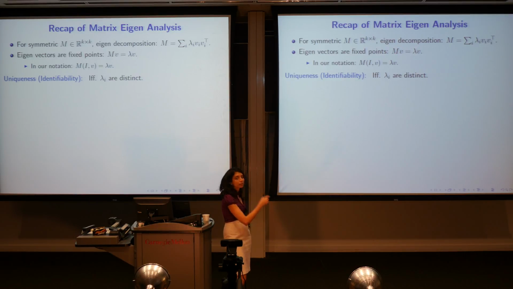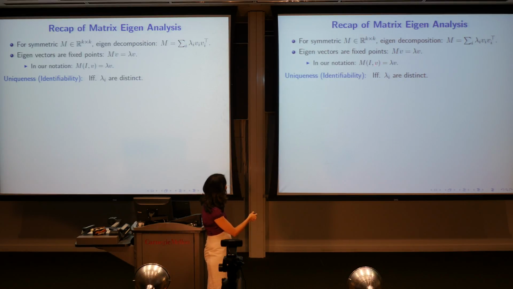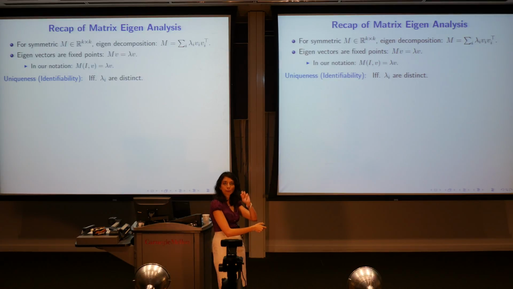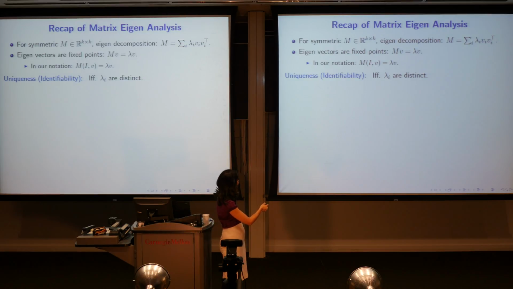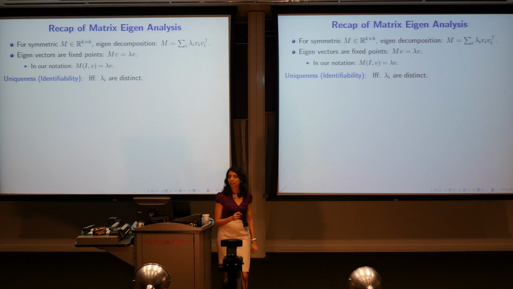The lambda is just the scaling, which is the eigenvalue. So I'm writing it in this notation because this is the multilinear notation that I described yesterday. Meaning that I'm taking the second mode of this tensor, right? You can always think of a matrix as a tensor of two dimensions, right? And so these two are equivalent notations. So I just rewrote it to remind ourselves of that notation.